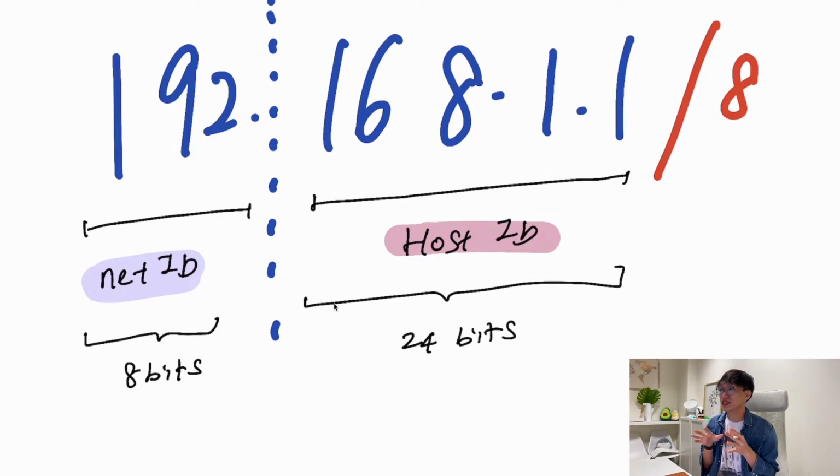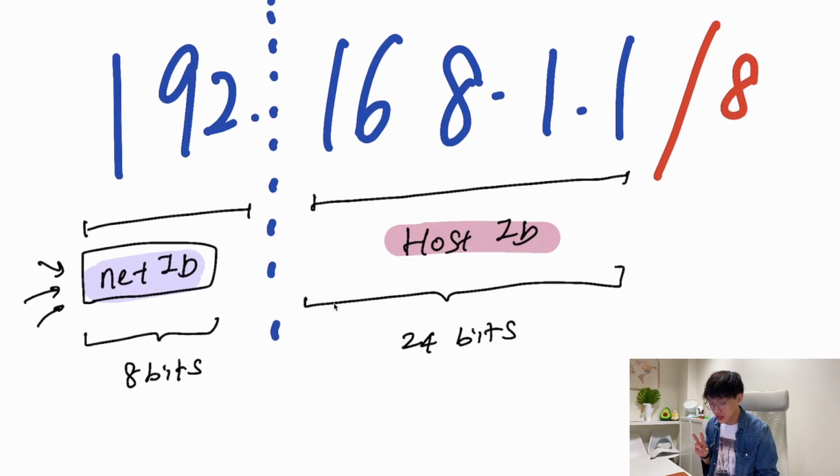So if I have a /8 mask, when I want to build the internet as we have today, I cannot have too many networks, because this network ID is the address you use to build a network. Every company will have their own ID. Maxis will have their own ID. Digi will have their own ID here. Apple, Google, Amazon, all of them will have one ID here. This is to build the company network.